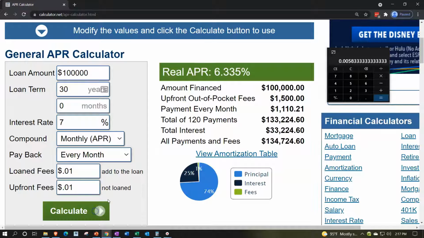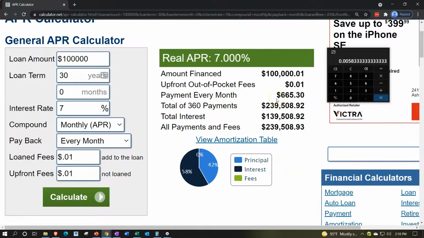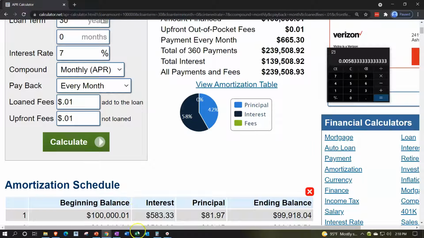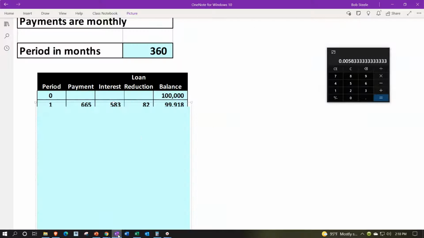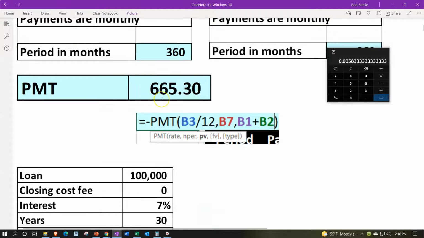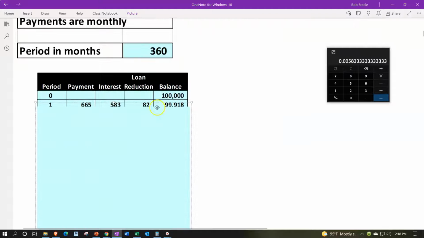Then we can run this, and it should give us our payment amount. There we have the 665.30, and you can see an amortization table, which is what we'll basically build here. So we got 665.30, and that matches what we got, so you can kind of match it out there.